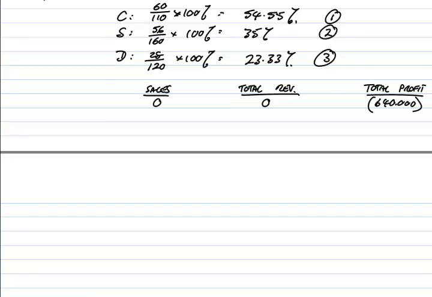C was the best, so we'll sell C. We're going to sell 20, or how many units was it? 20,000 units of C. And by the time we sell 20,000, the revenue at 110, I worked out earlier, but rather than waste time winding back, the revenue would go up to 2.2 million.